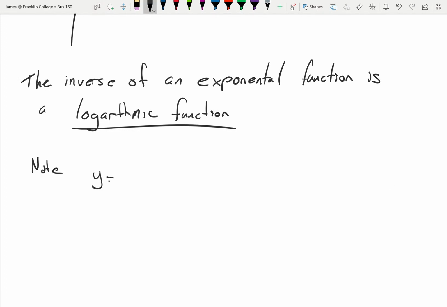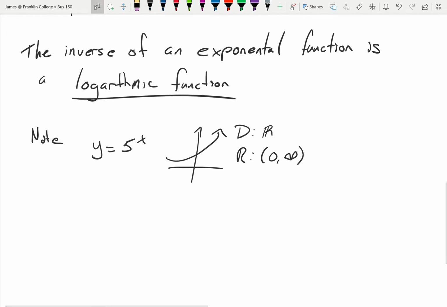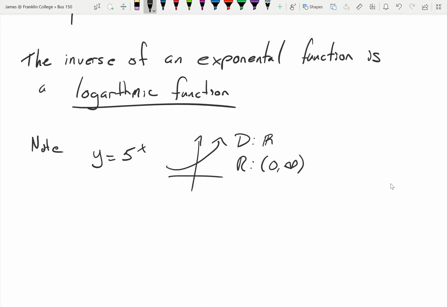Like we have stated, we have the equation y equals 5 raised to the x. That's going to look like a function like that, where the domain of this function is all real numbers. The range of this is going to be from 0 to infinity, not including 0. The inverse of this will be log base 5 of x equals y.